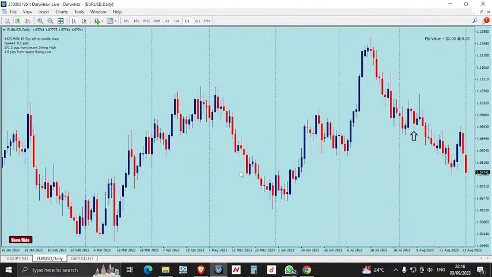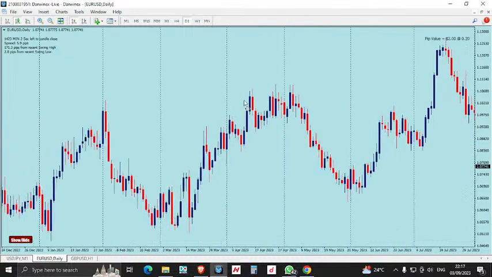Look at this now. I picked the Euro USD pair. What do we mean by Euro USD? We mean Euro against the United States dollar. Okay.